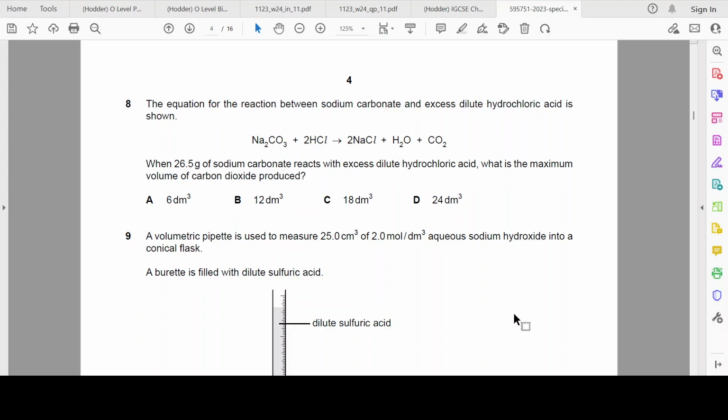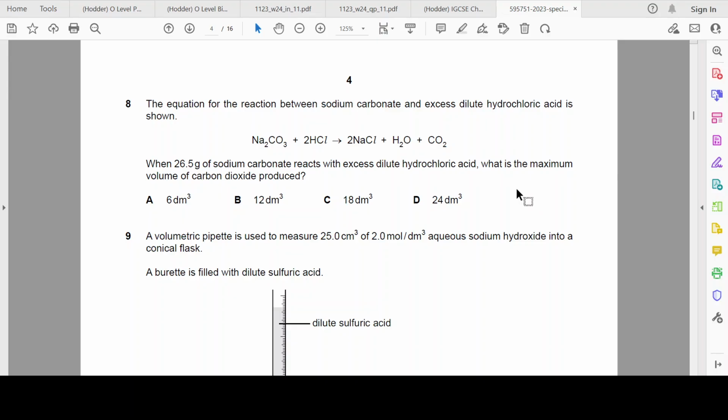Okay, that was fun. By the way, just to clear up, we multiplied by 24 because one mole of gas occupies 24 dm³. You are producing 0.25 moles of carbon dioxide, so obviously it will occupy less volume, and that's exactly what they're asking: what is the maximum volume of carbon dioxide produced?